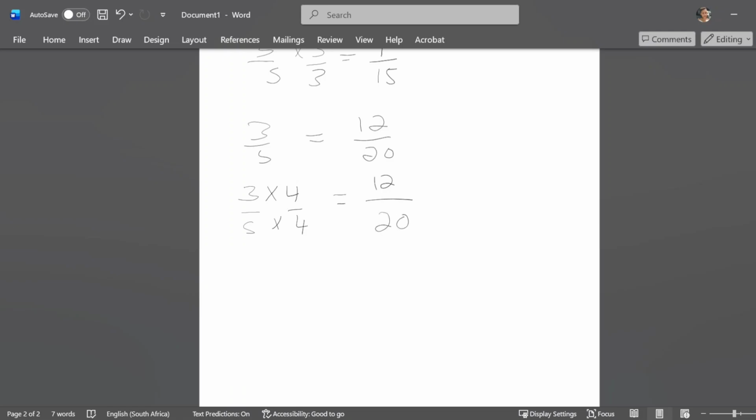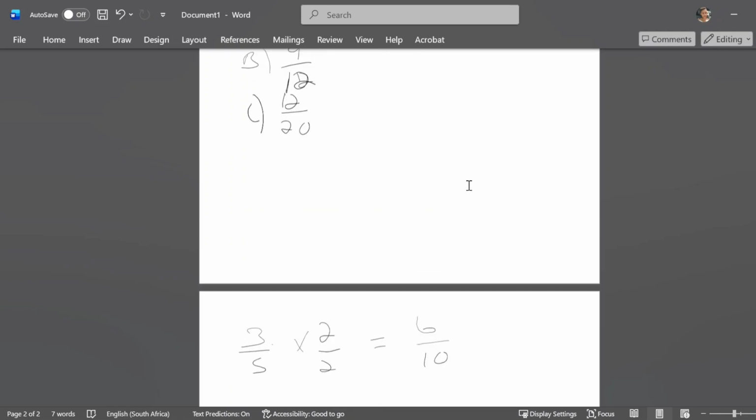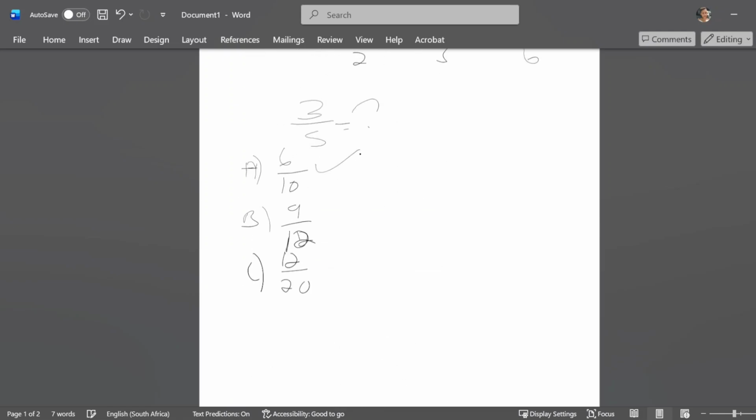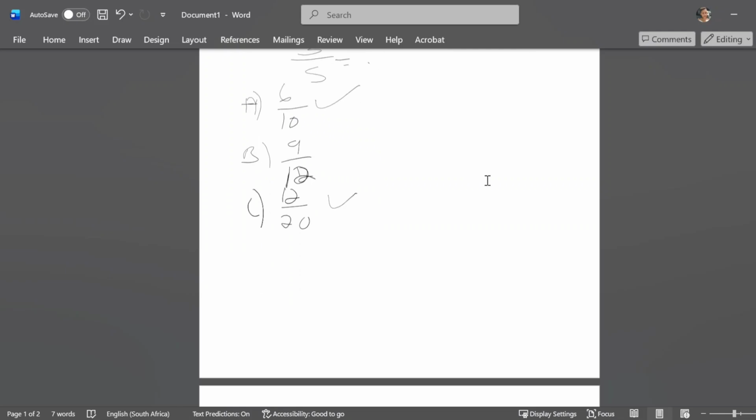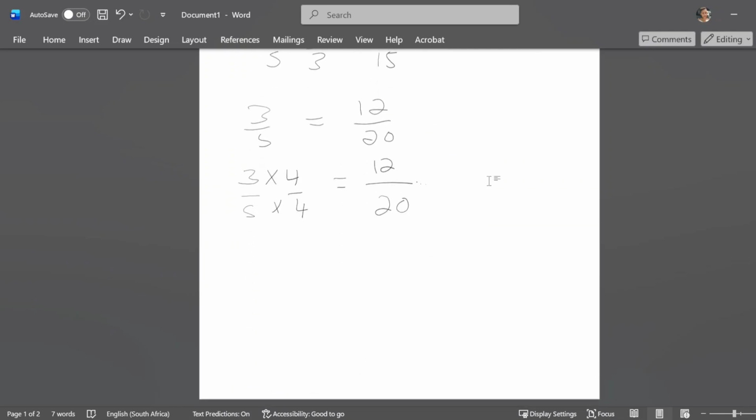So 12 over 20 is also equivalent. So in conclusion, the correct answers are A and C. These are the fractions that are equivalent to 3 over 5.